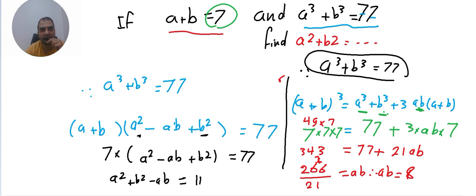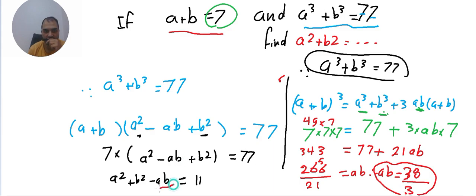We can divide the numerator and denominator by 7 to simplify this expression. 266 divided by 7 equals 38, and 21 divided by 7 equals 3. Then the value of a times b equals 38 divided by 3.